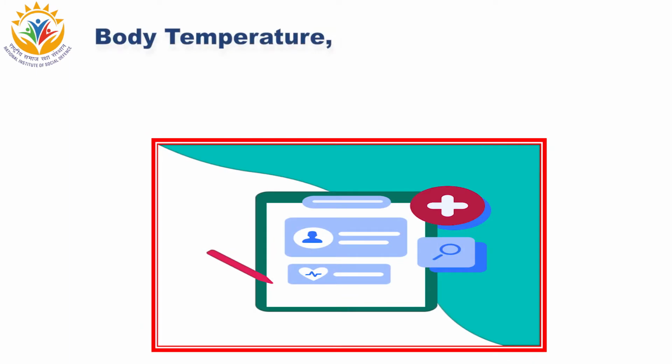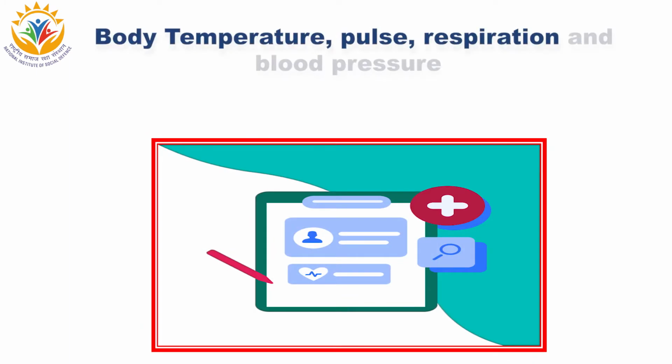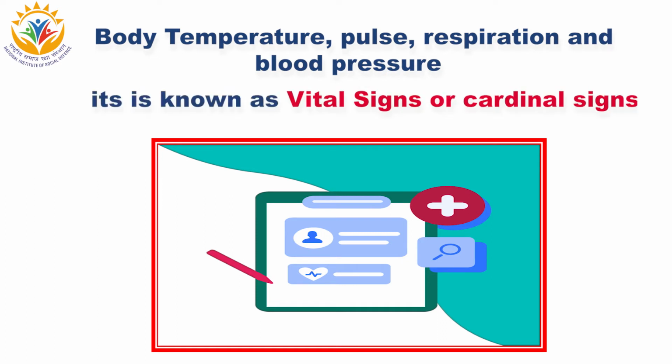Let us start with the definition of vital signs. Body temperature, pulse, respiration and blood pressure are the signs of life and thus are known as vital signs or the cardinal signs. Vital signs in a normal healthy individual remain constant.